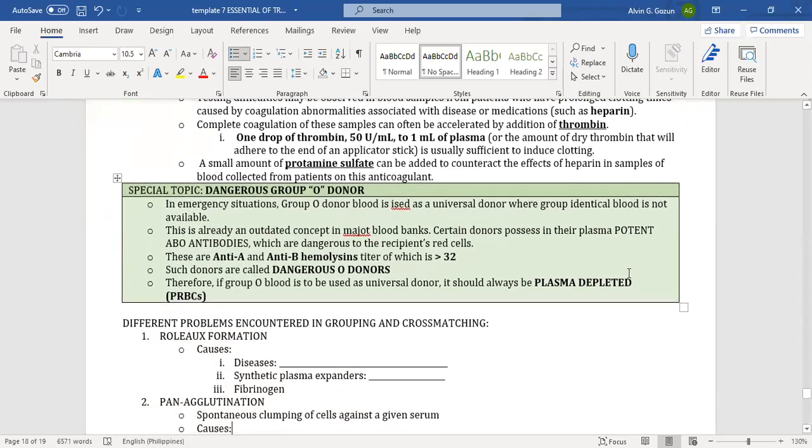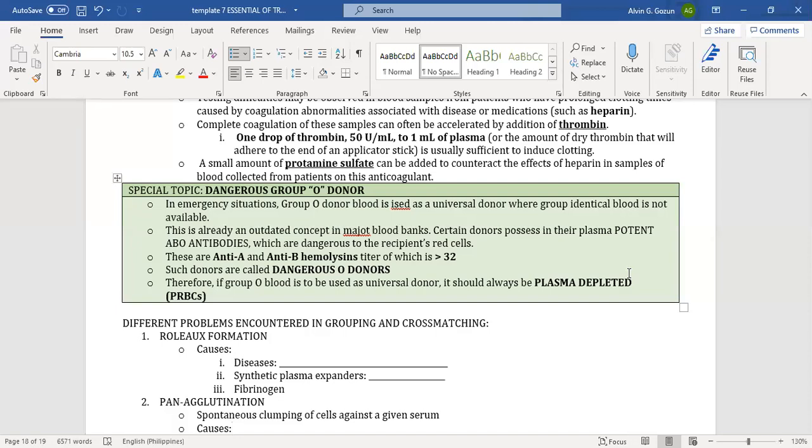And I have here a special topic, dangerous group O donors. Ano to? So in emergency situations, group O donor blood is used as a universal donor, di ba? Where group identical blood is not available. This is already an outdated concept in major blood banks, guys. Kasi may tinatawag tayong dangerous group O donor.